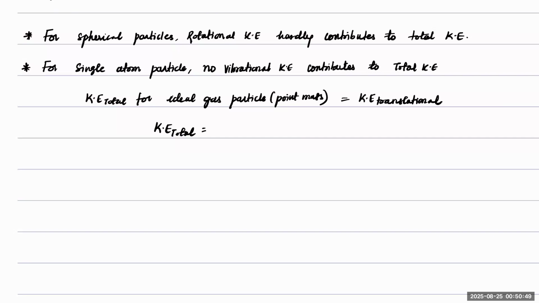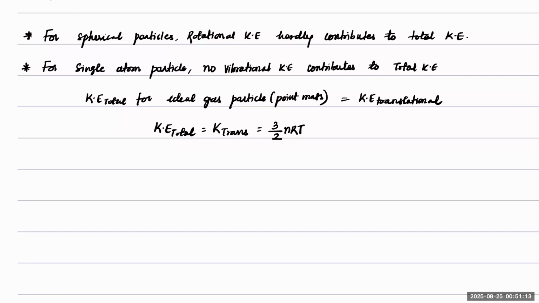And do you remember, when it comes to the kinetic energy of the ideal gas, we have already calculated it in the gaseous state, and we got that as 3 by 2 nRT, correct? 3 by 2 nRT as a total value.